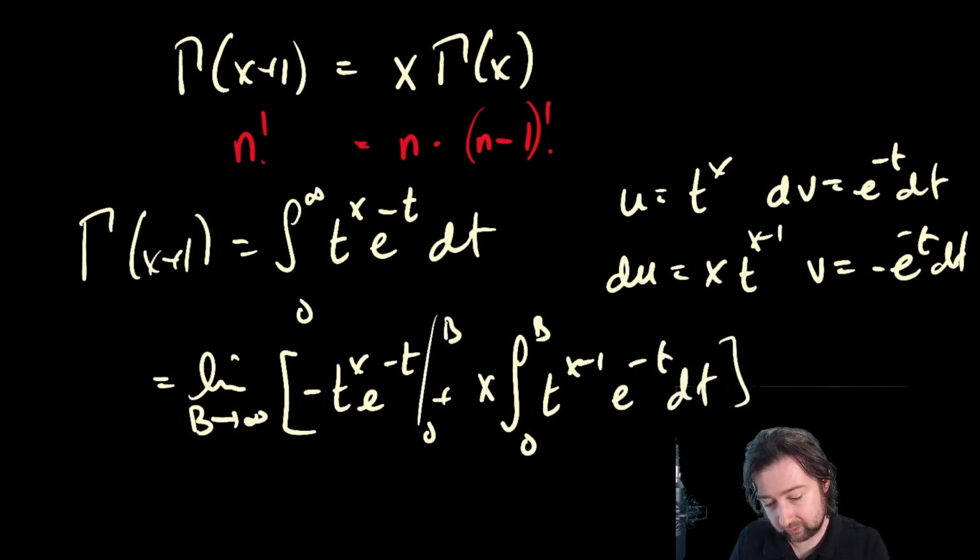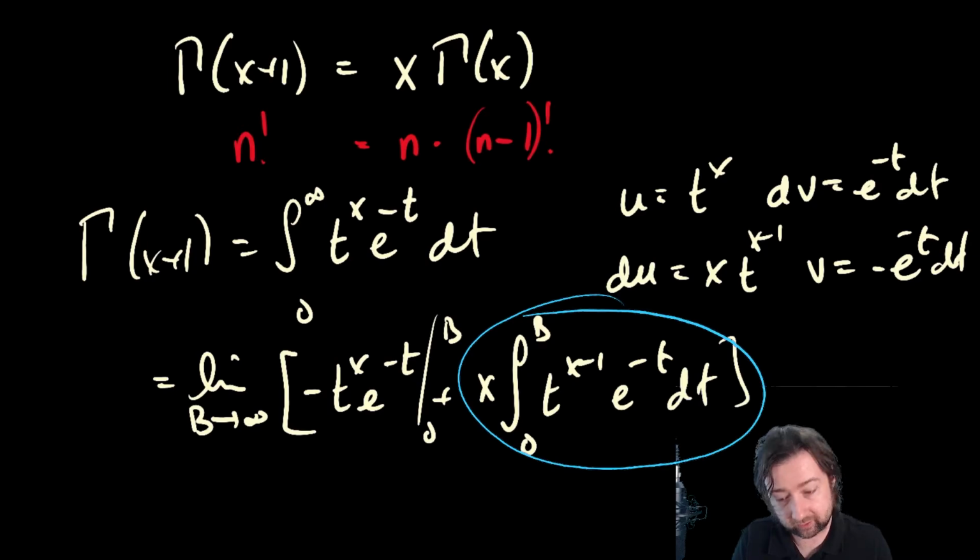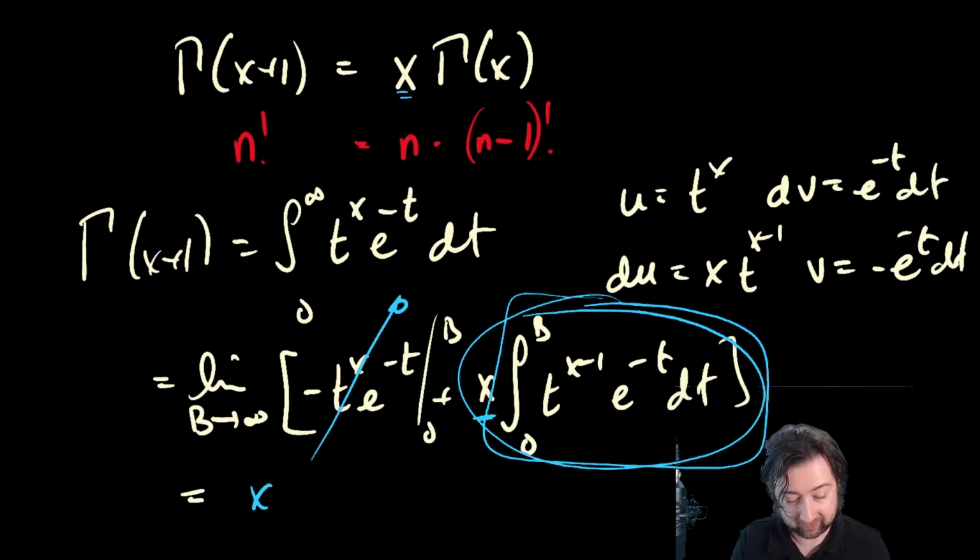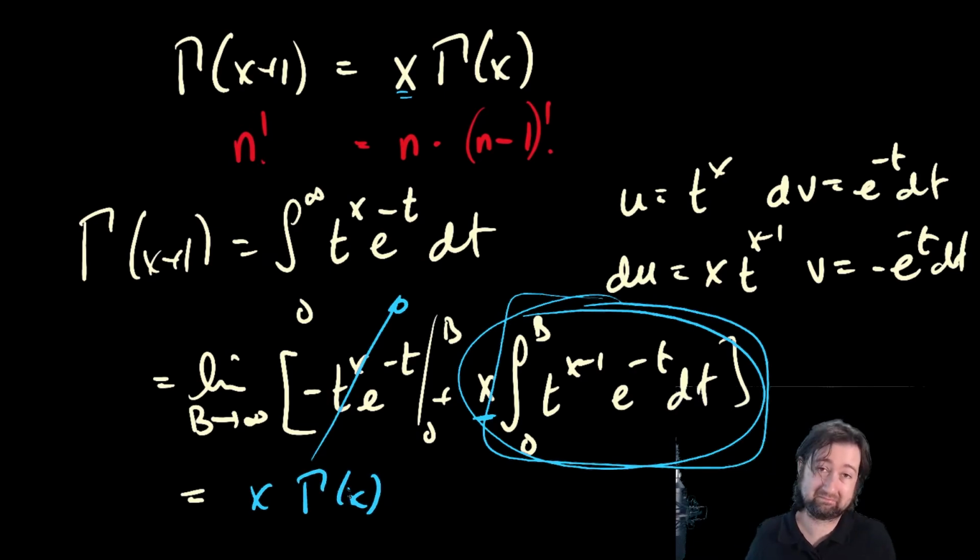But all of this right here, that's just gamma of x. So this whole thing turns into 0. So here's the x that we needed for this x right here. And this, by definition, is gamma of x. So what we've shown is that this rule holds.